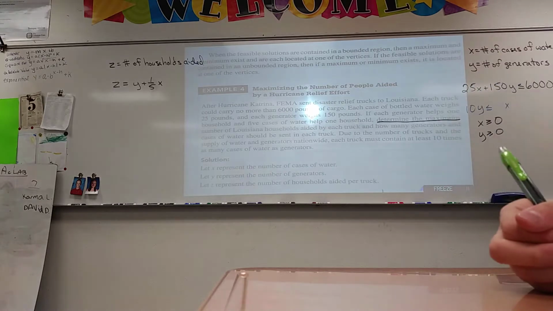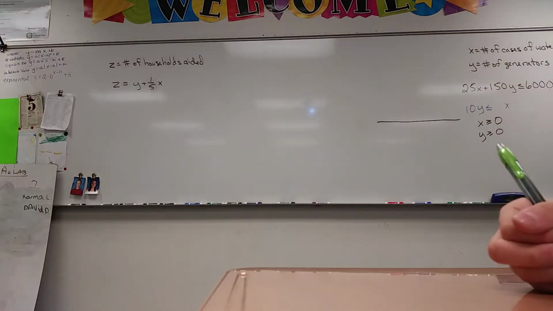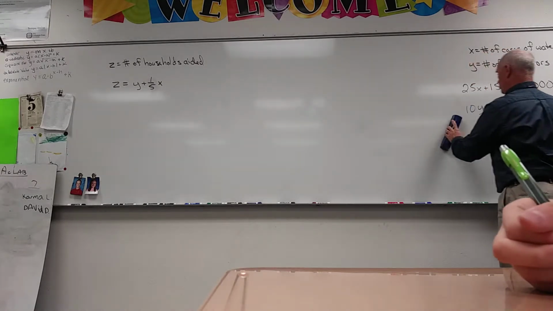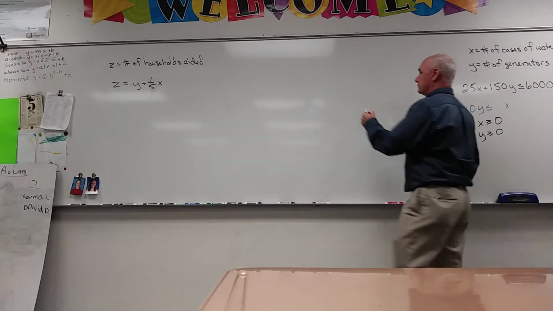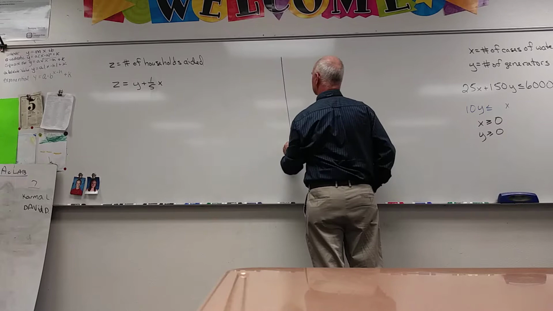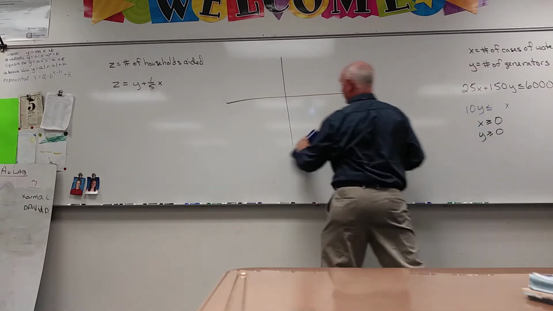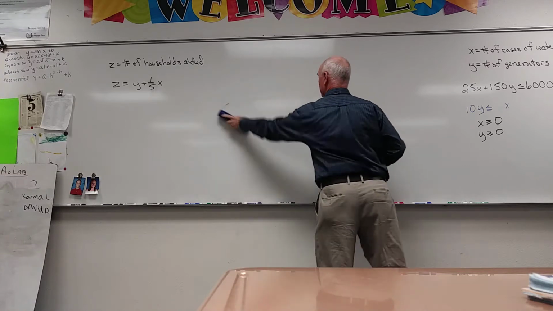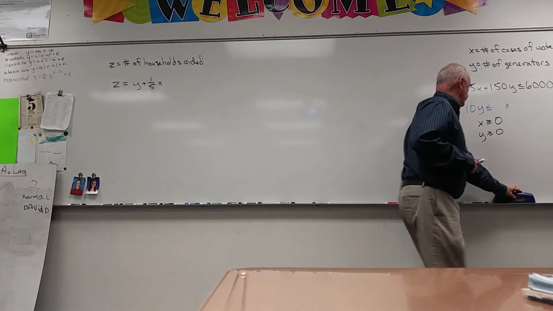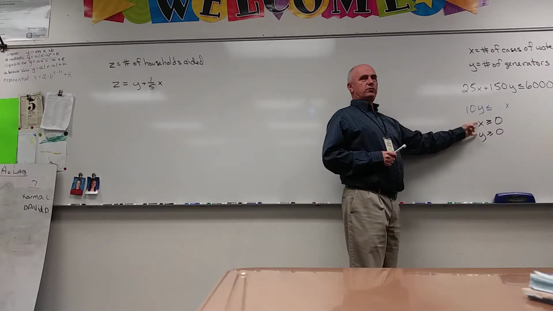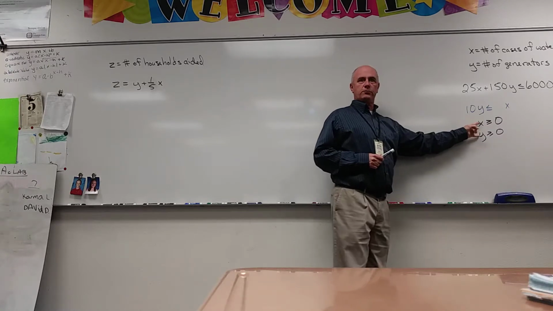Time to graph. So let's set up the graph. Not the graph I wanted at all. What do these two constraints really do to our graph?